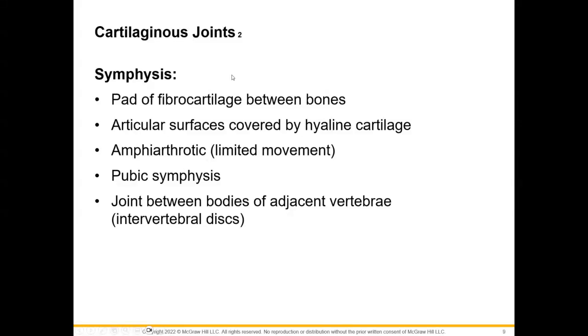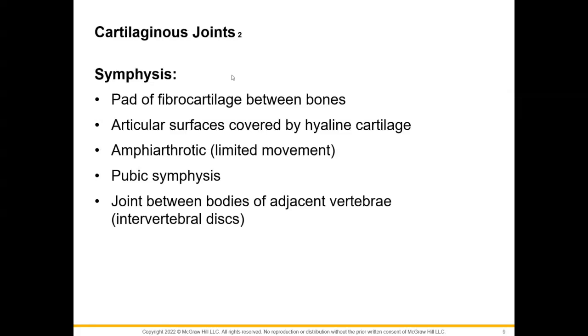Okay, symphysis is a fibrocartilage between bones. The articular surfaces are covered by hyaline cartilage of your bones, where they come together at the joints. And remember, an articular surface is where the two bones come together. They're amphiarthrotic, which means limited movement. One of the areas where we see symphysis is the pubic symphysis, where the two pubic bones come together.